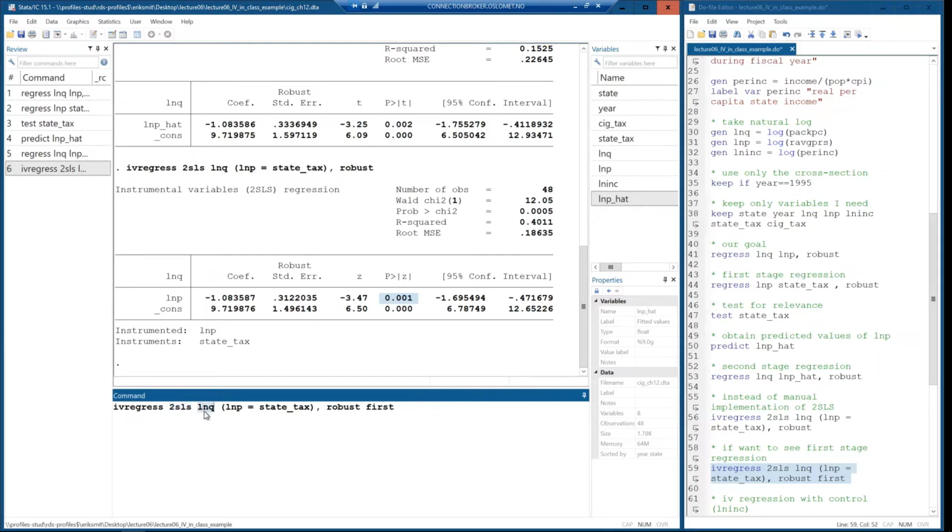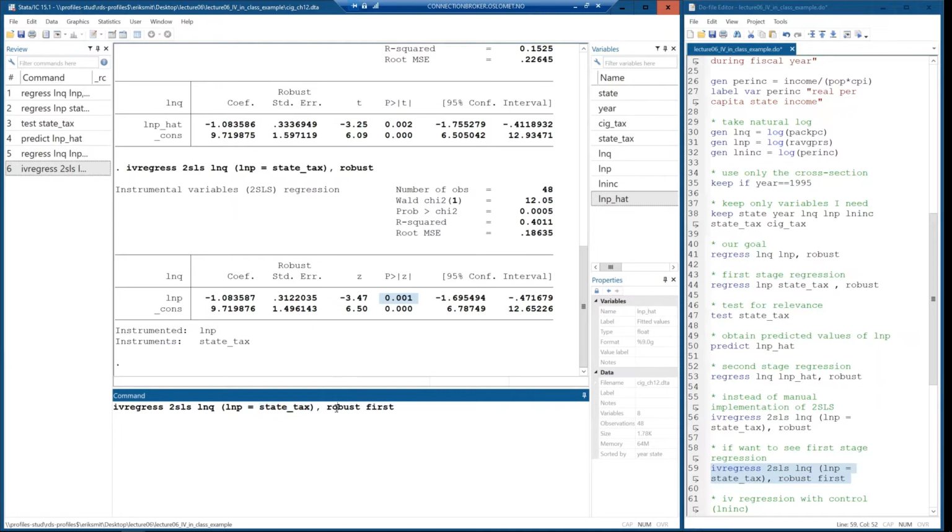We have our dependent variable. We have the endogenous independent variable, and we have our instrumental variable, which we use to extract the exogenous part of the endogenous variable, such that the endogenous part is, by definition, uncorrelated with the error term, so we don't have any bias.